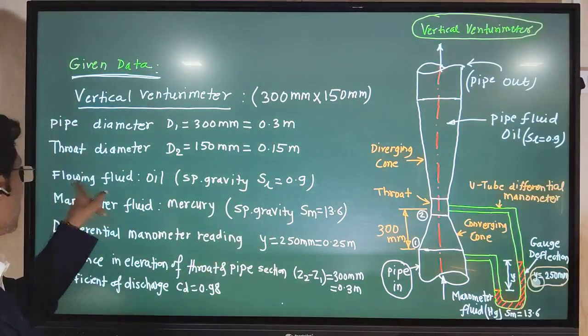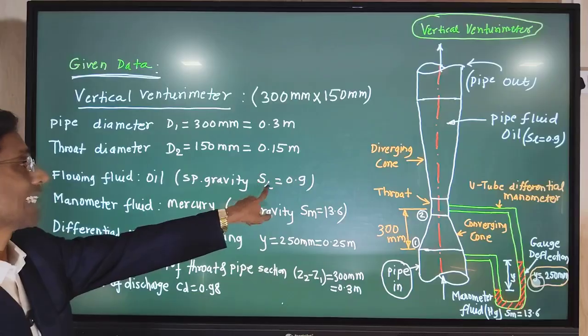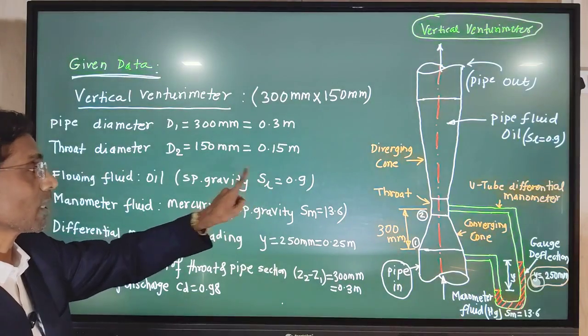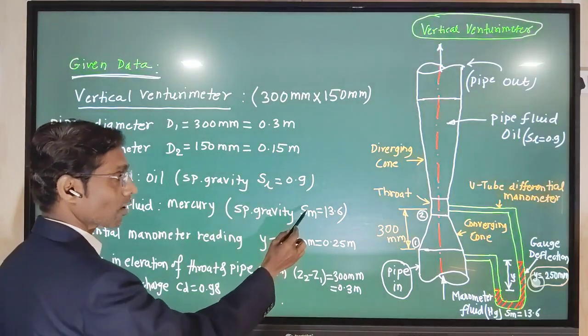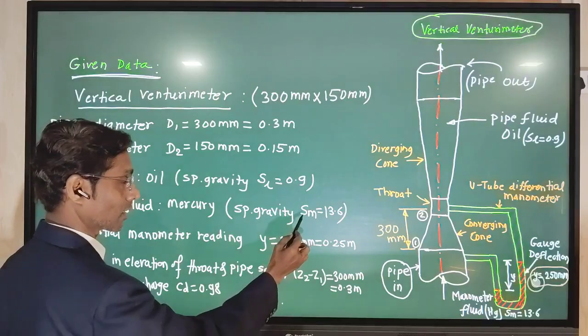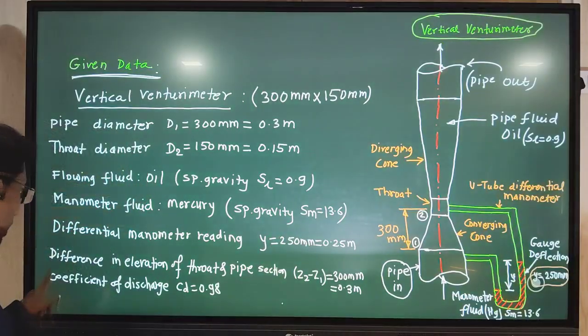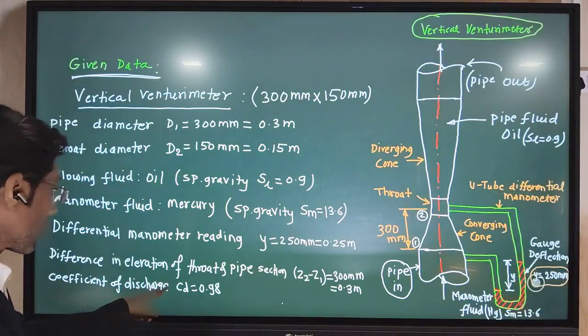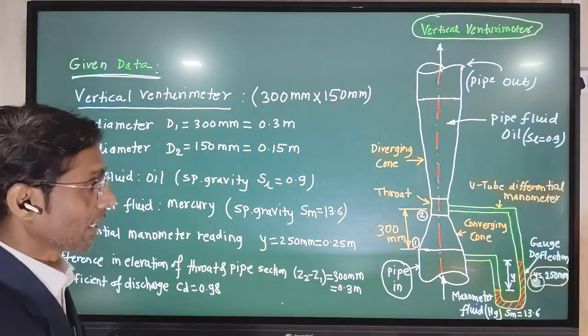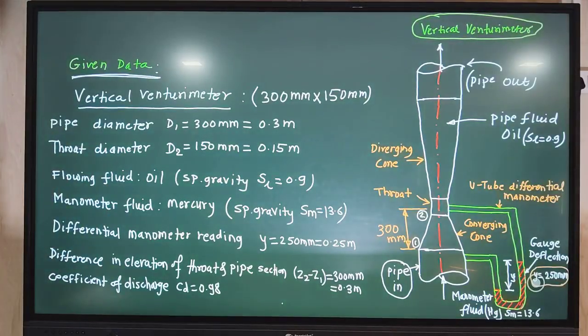SL is the specific gravity of the liquid passing through the pipe, L for liquid, and SM is the specific gravity of the fluid in the manometer, M for manometer. Then the coefficient of discharge for the Venturimeter, that is CD, is 0.98.